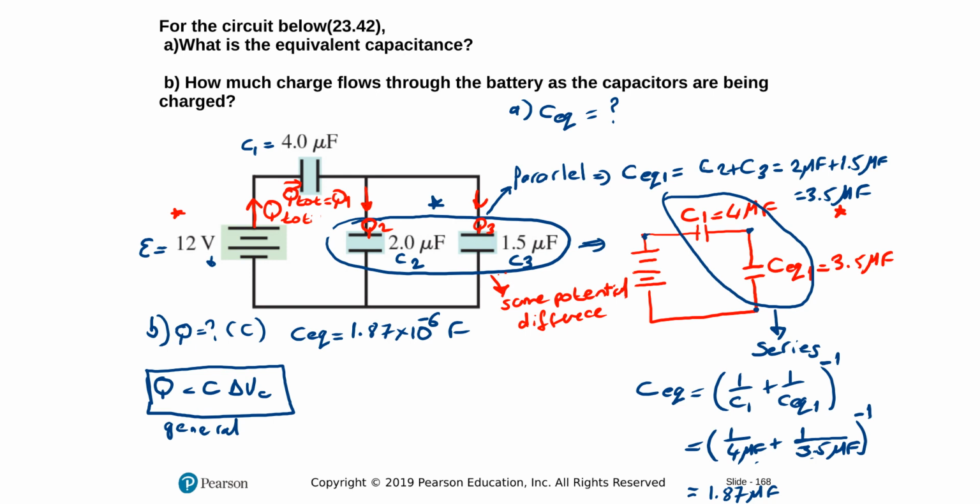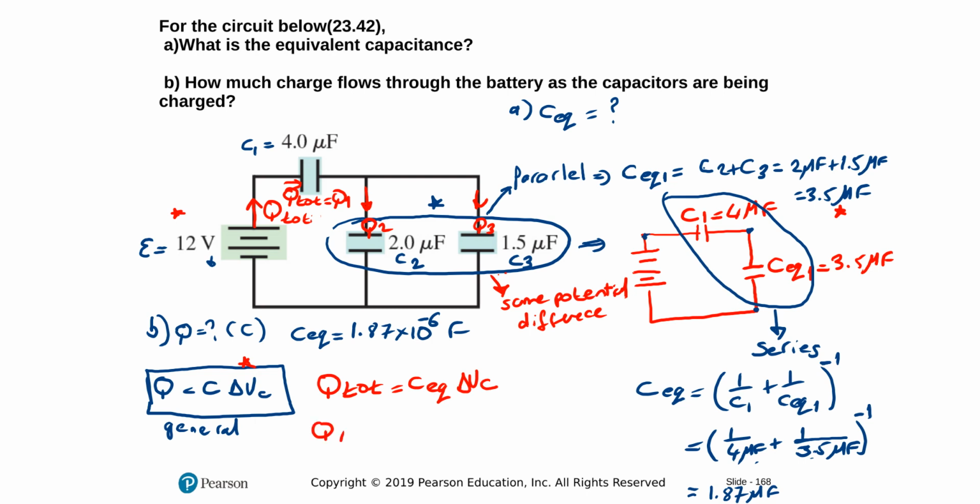And I'll find it using this equation. It's the general form there, and I'm looking for this form of it. My Q total will be equal to C equivalent I found times delta VC. That would be equal to epsilon.